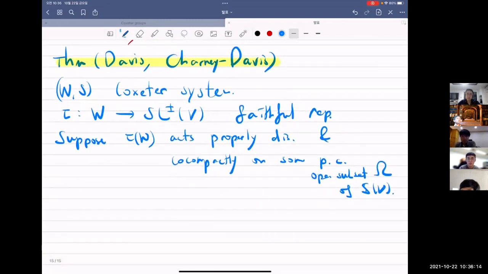Then first, for all s in S, tau(s) is a projective reflection.